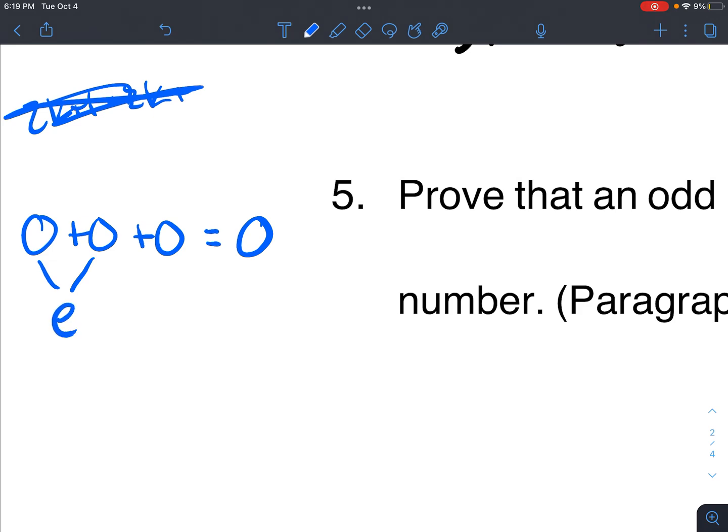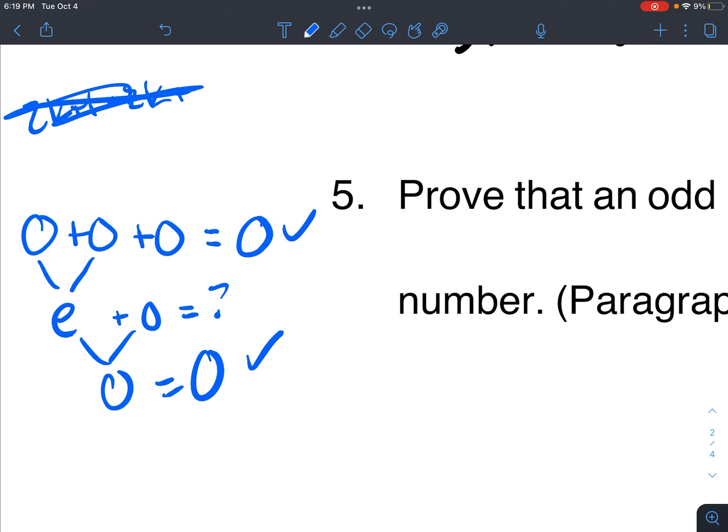We've already proved this before, and that is an even number, okay? We've already proved that before, so we can use it as a fact. So now we could rewrite this equation as even plus odd is odd. And we've also already proved that even plus odd is equal to odd. And so that is equal to odd, so we're good to go.